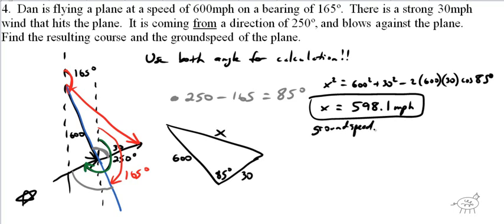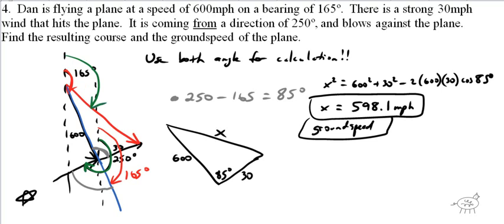And I'm asking you for the resulting course. Well, do you guys see that the plane's flying at 165 degrees and the wind is pushing it to the right and it goes to the red angle? Do you agree that, I'll do this in green, that the angle of the resultant is less?